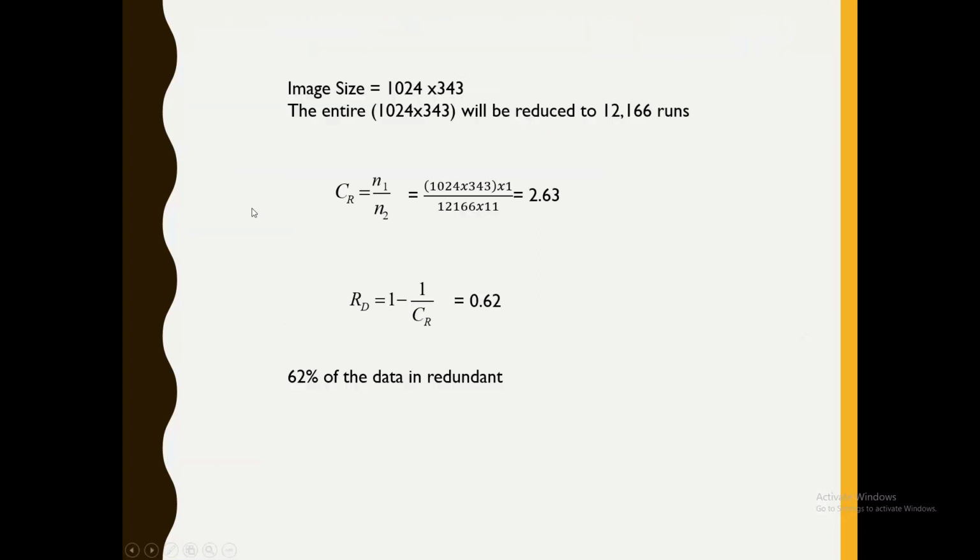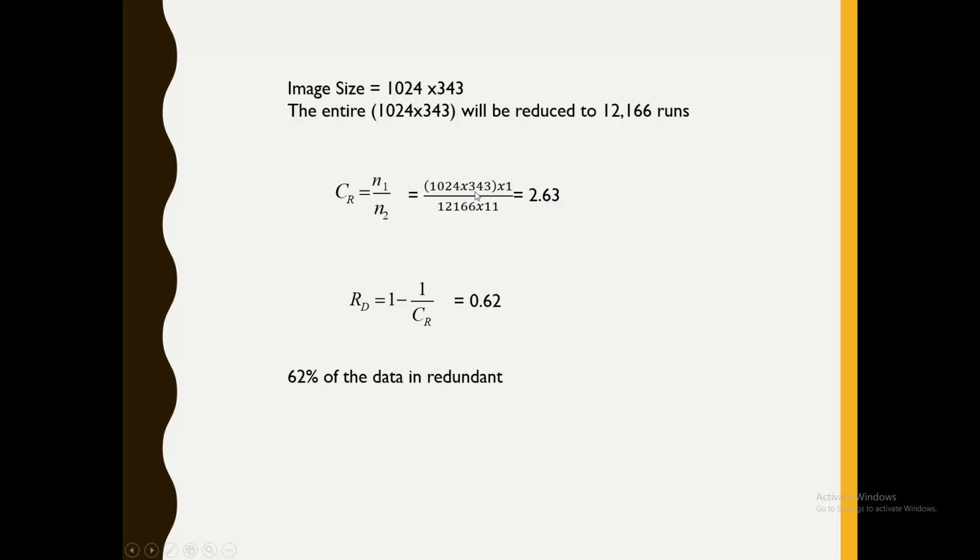Now, as you know, the original size of the image is 1024 by 343. If we perform the same operation for the entire image, it will be reduced to 12,166 runs. Now the compression ratio CR is equal to N1 by N2.